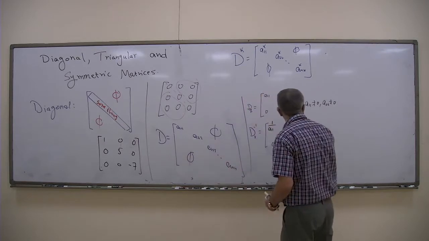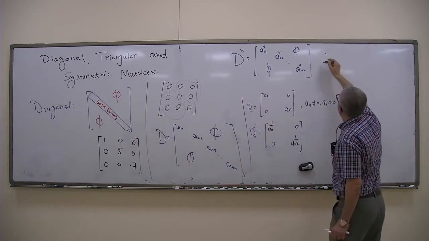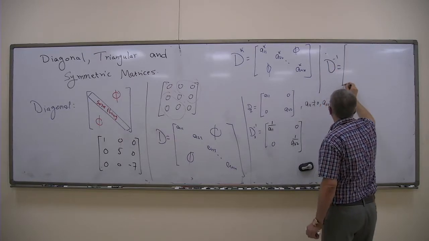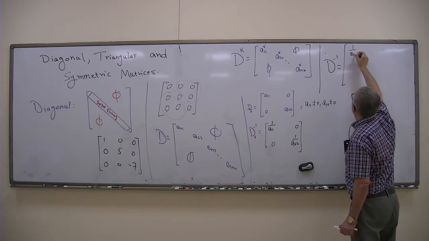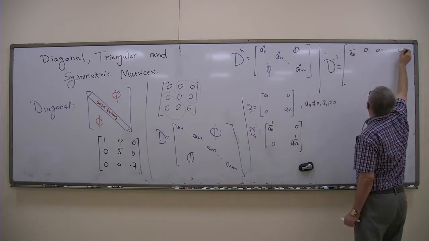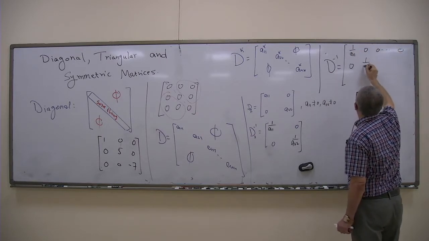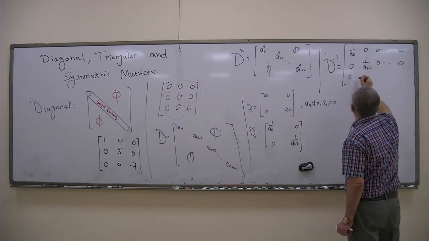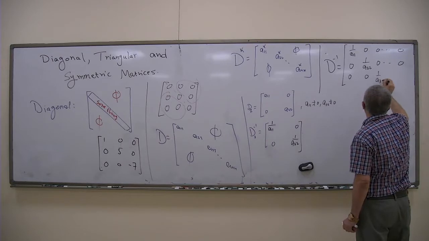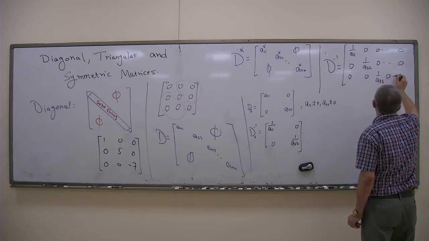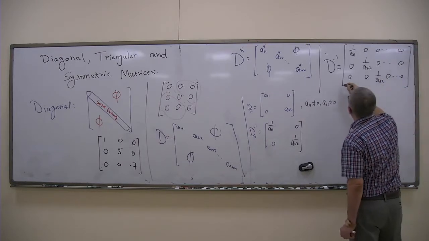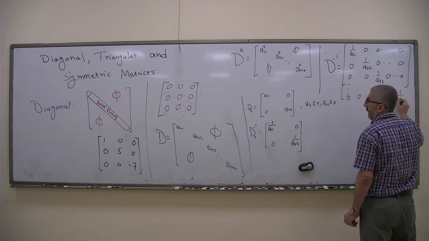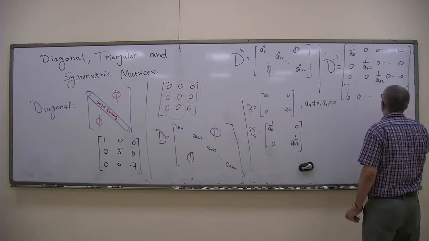So for this D, you can say D inverse is 1 over A11, 0, 0, 0, here 0, here 1 over A22, 0, 0, 0, 0, 1 over A33, here 0, 0, and you keep going in the same way. At the end, 1 over ANN. Okay?